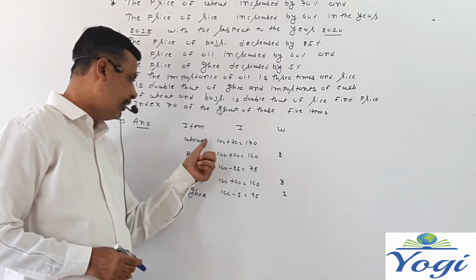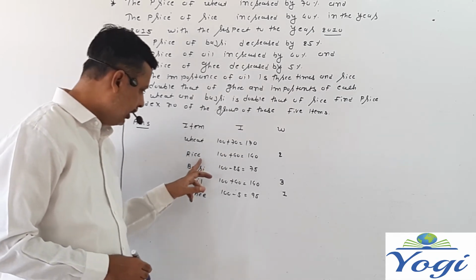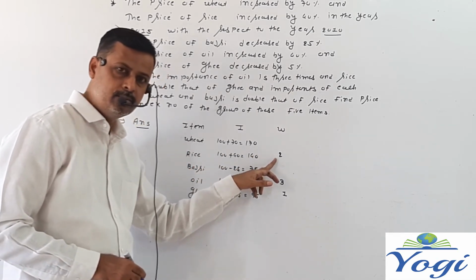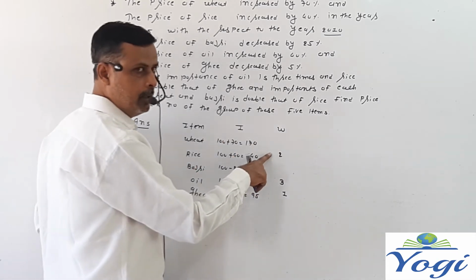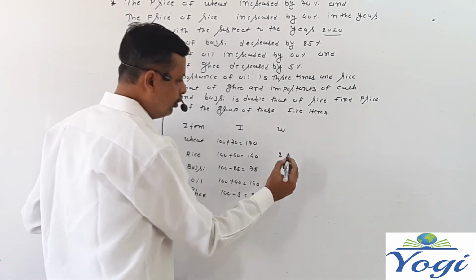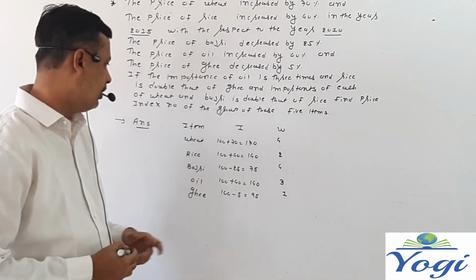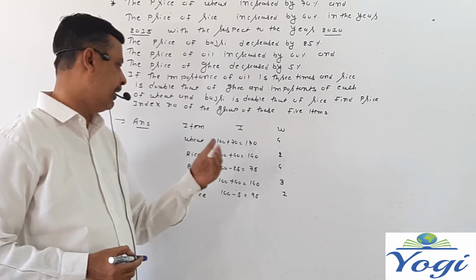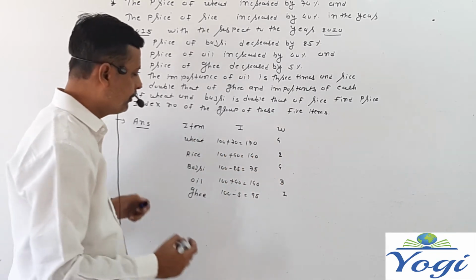Here the importance of rice is 2 and wheat and bajri are double, so 2 into 2 become 4.